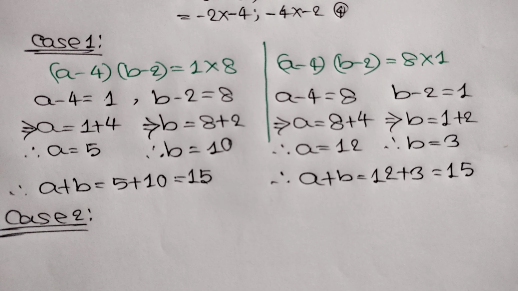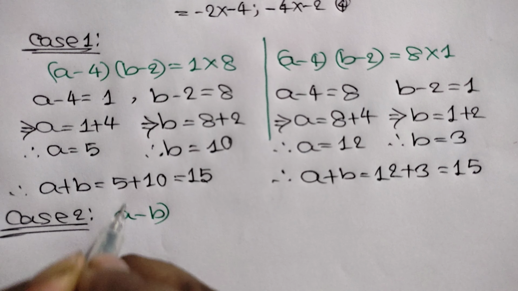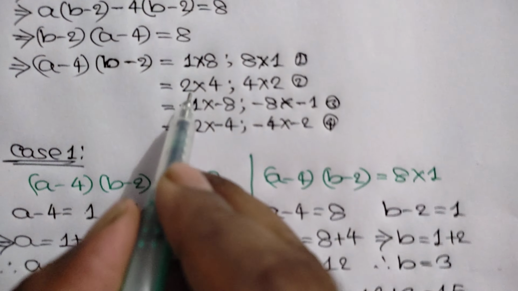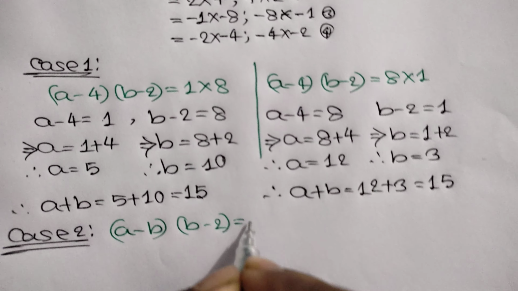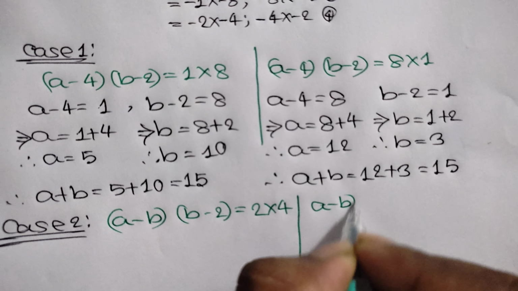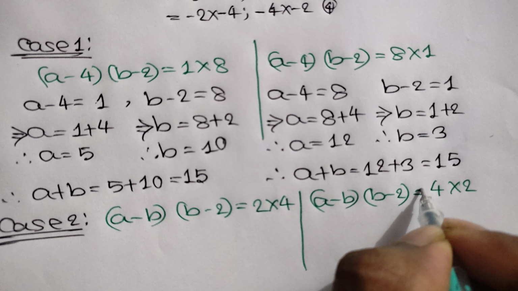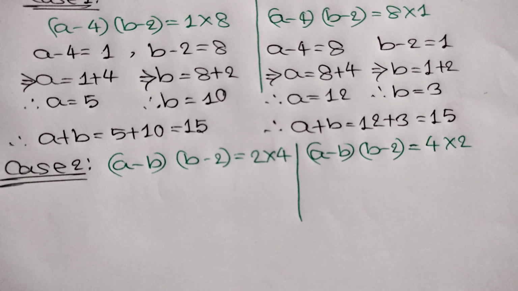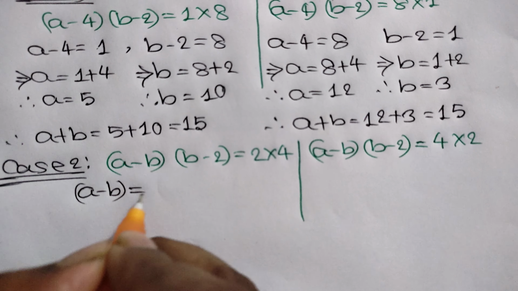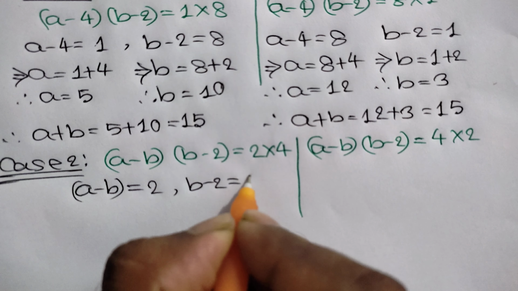we can write a minus 4 times b minus 2 is equal to 2 times 4, or a minus 4 times b minus 2 is equal to 4 times 2. So we can write a minus 4 is equal to 2 and b minus 2 is equal to 4.